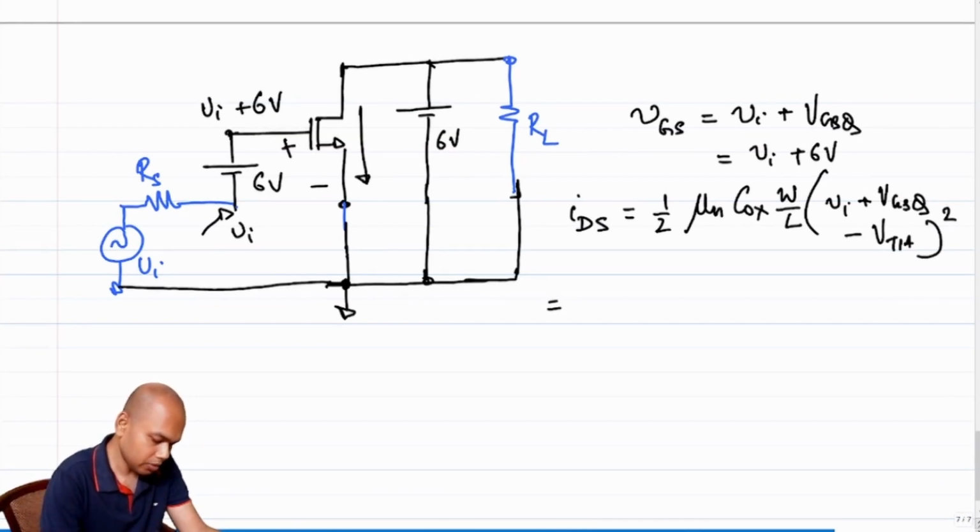So which is equal to half mu n C ox W over L. Let me club VGSQ minus VTH together.